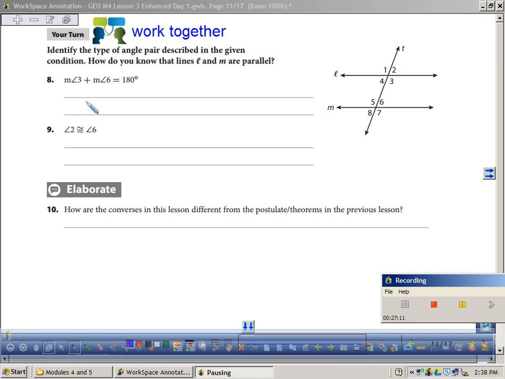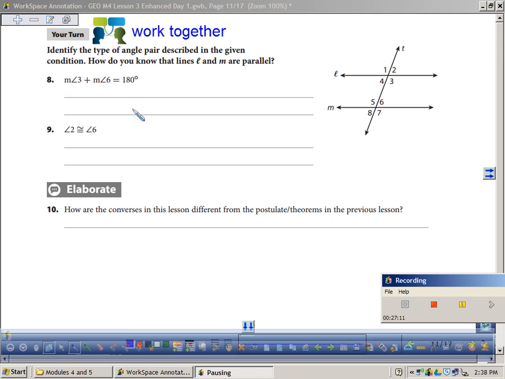Alright. I'm going to speak it because I want to get to this last part. Alright, so we have supplementary angles. Supplementary angles match up with same side interior, right? So if a transversal, right? Who wants to speak it? Let's hear it.